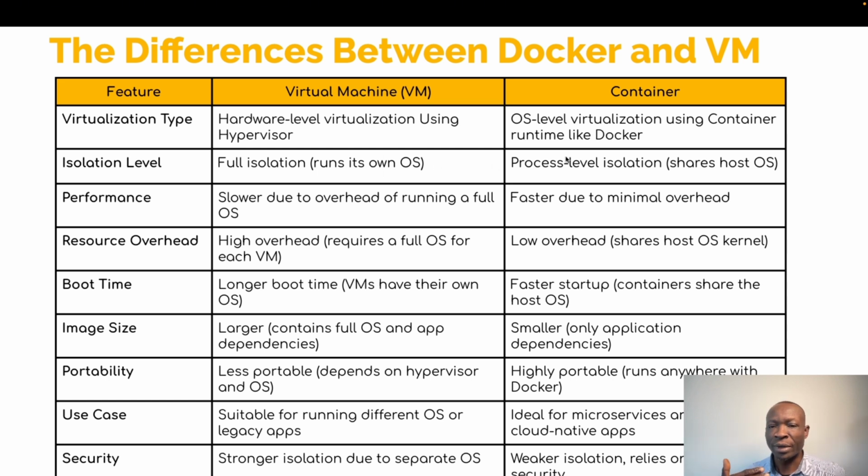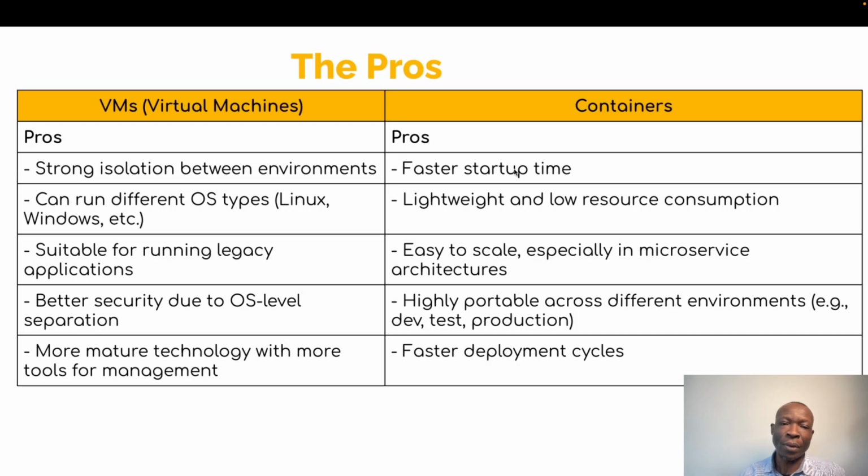We use a container runtime like Docker to run them. And these are process level isolation, which means that we're not having a full isolation as you have with a virtual machine. But they are very fast, they're very portable, and these are the things that people like them for.